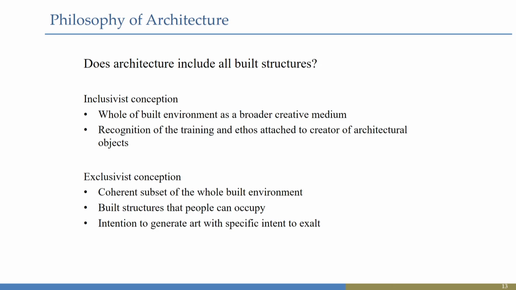Only such built structures that people can occupy will be considered as architecture. Only if people can occupy it will it become a subset of the built environment, and some of them can be considered as architecture. And then the exclusivist conception also says that there must be an intention to generate art.